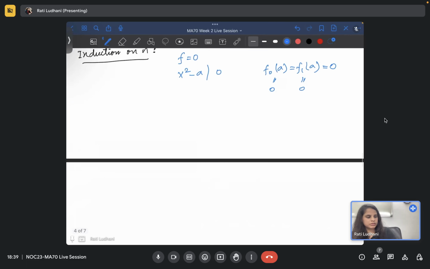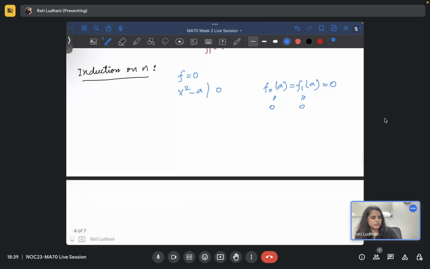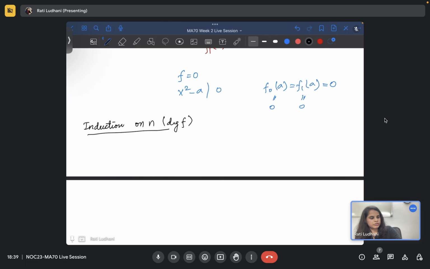So we have nothing to prove. Induction on n means the degree of f. The 0 polynomial, let's discard anyway, because if I am applying induction on degree, 0 will not be there, because degree is not defined. Induction on n, which is the degree of f, okay?